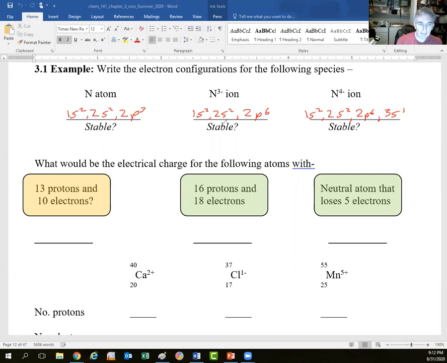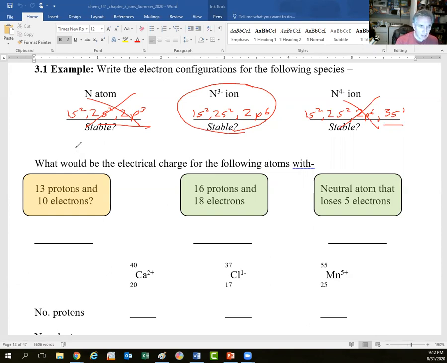Now which of them are stable? Well, the nitride, 3 minus, that's the only one which would actually be stable because it's the only one which implies that the outer shell is complete. That is not seen with anything except the nitrogen 3 minus ion.